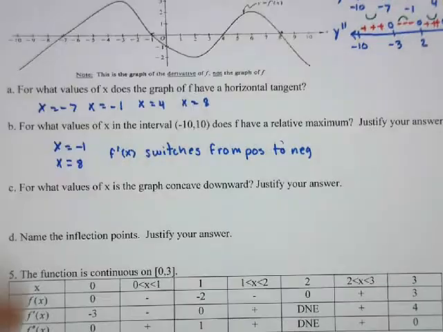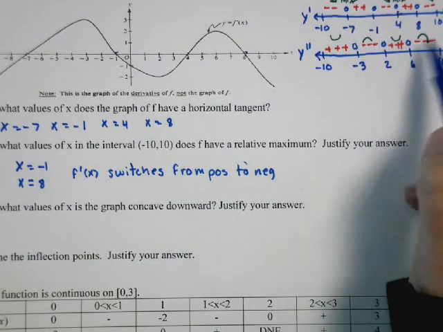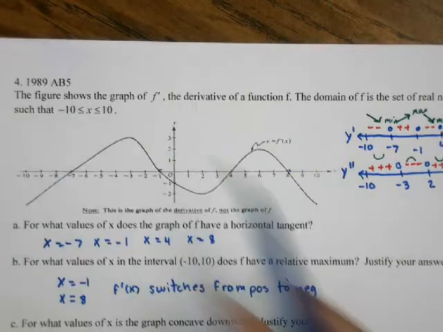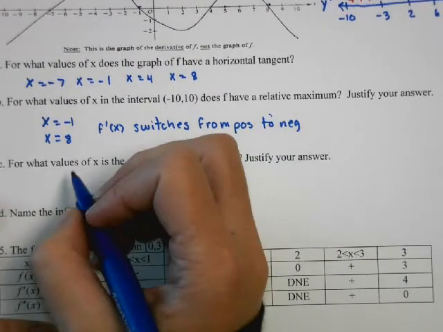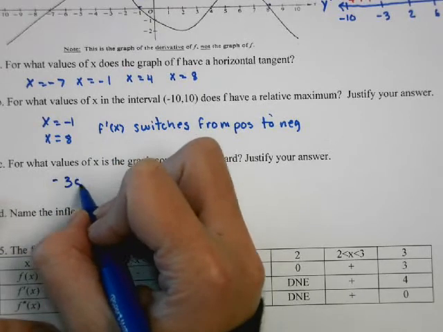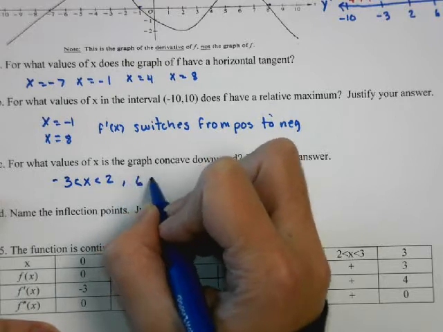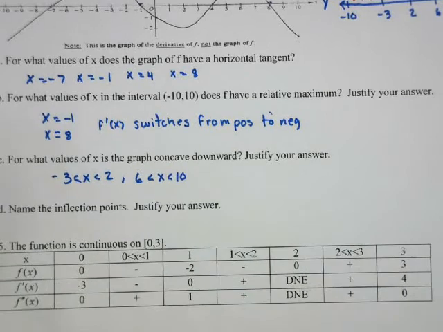So now, where is the graph concave down? Between -3 and 2 and 6 and 10. It's important that they gave us a range of values, so you don't want to say to infinity, you want to say until 10. Okay, justify your answer.